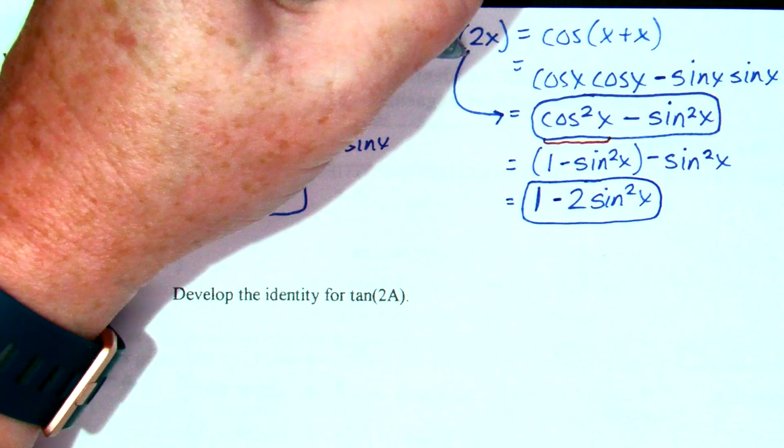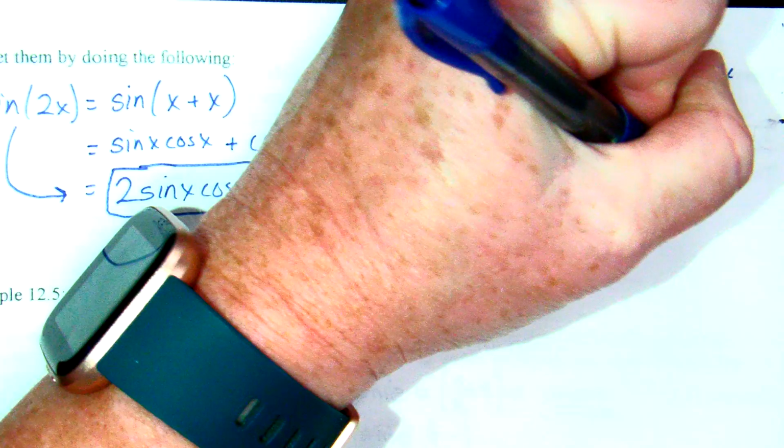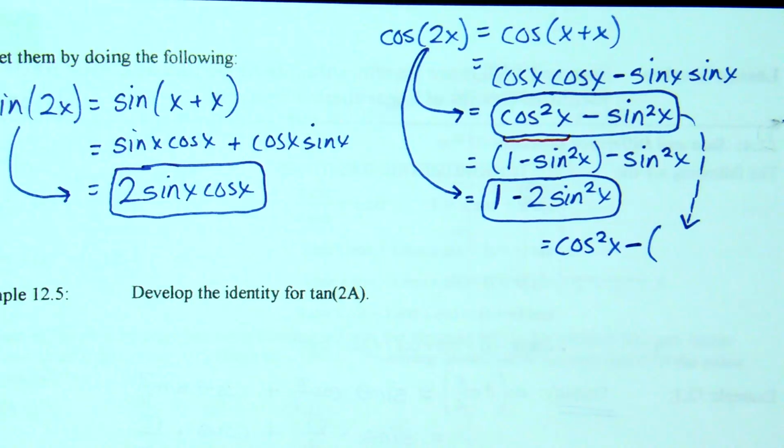Now, my recommendation to get the third is to go back to our previous one. If we go back to that cosine squared x minus sine squared x, this time instead of replacing cosine squared x, replace sine squared x. So it's still going to be cosine squared x minus, what can sine squared x be replaced with in terms of Pythagorean identity?